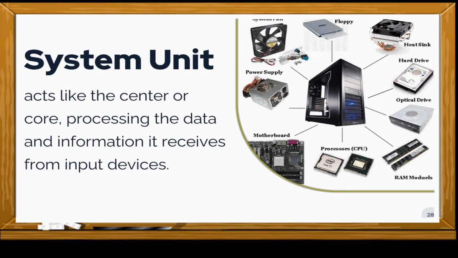The system unit acts like the center or core, processing the data and information it receives from input devices. The basic parts of the system unit are the following: the motherboard, the processors, the random access memory modules, the optical drive, the hard drive, heatsink, floppy disk drives for older system units, system fan, and the power supply.